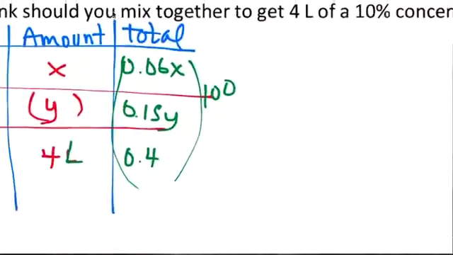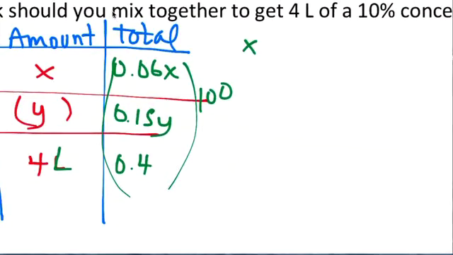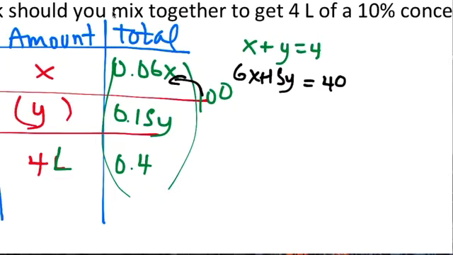So your equation is x plus y, and then multiply it all by 100, you get 6x, 15y, and 40. Basically move it 2 places.